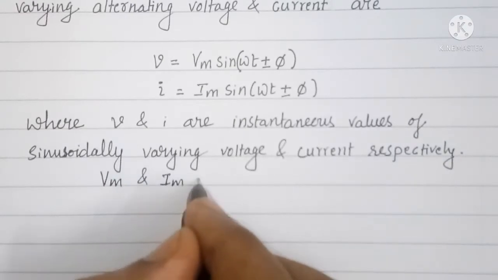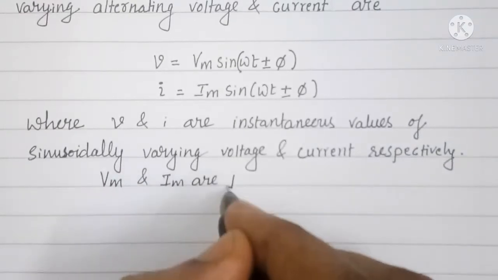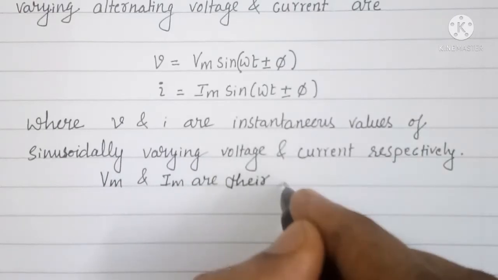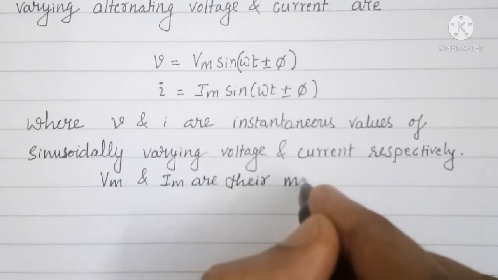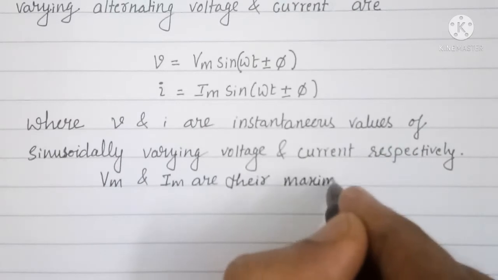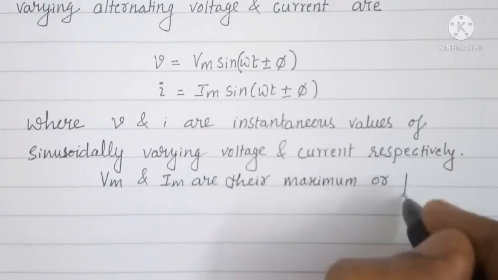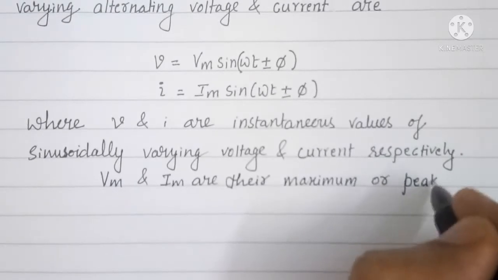Vm and Im are their maximum or peak values.